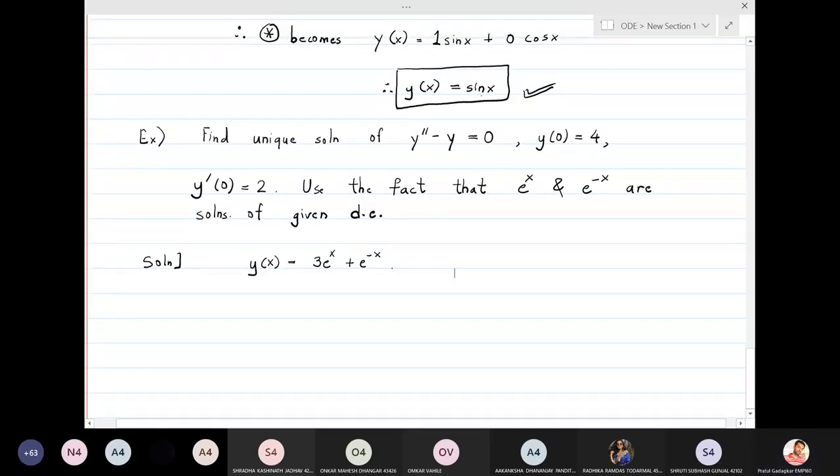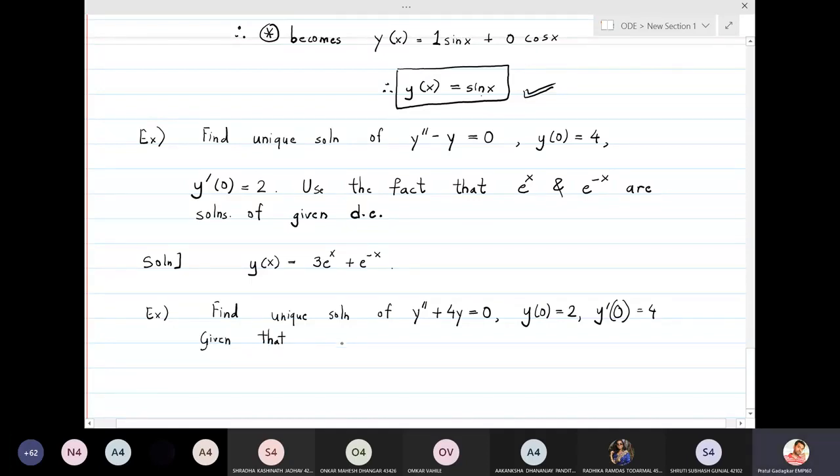Exercise. Find the unique solution of y double dash plus 4y equal to 0, y(0) equal to 2, y dash 0 equal to 4, given that sin 2x and cos 2x are solutions.